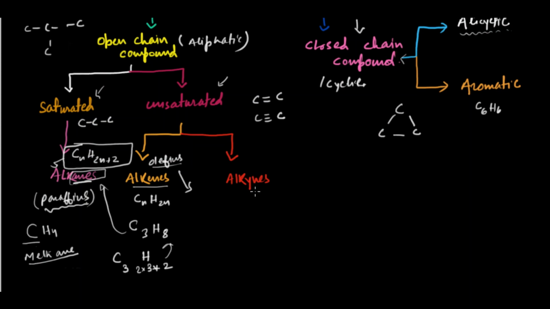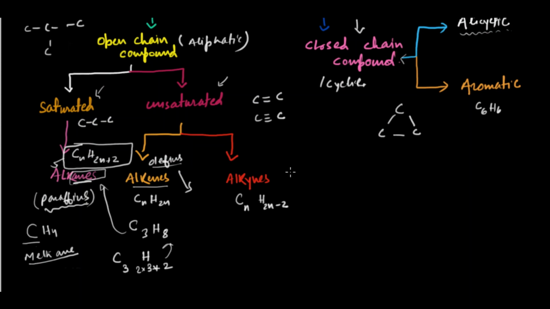Okay, now we're going to understand the alkynes. What are the alkynes? An alkyne is basically a hydrocarbon compound which contains carbon and hydrogen in the order CnH2n-2. So if any hydrocarbon compound that you're seeing satisfies this formula, we can say it is an alkyne.